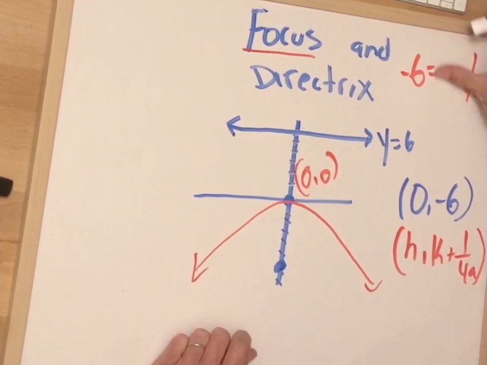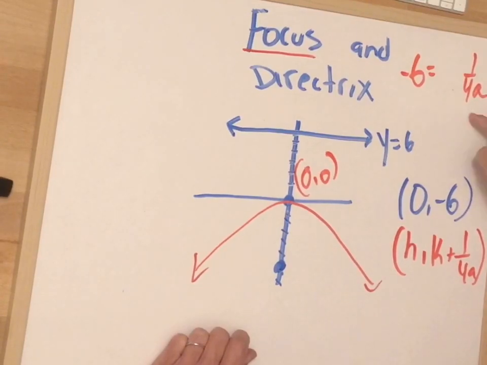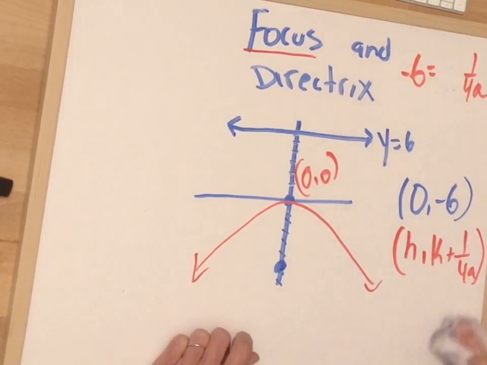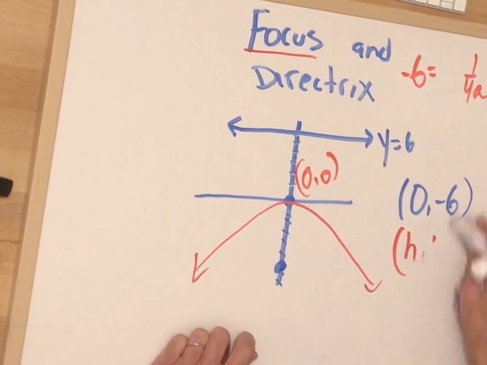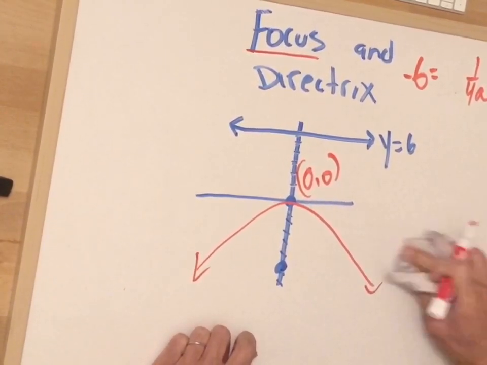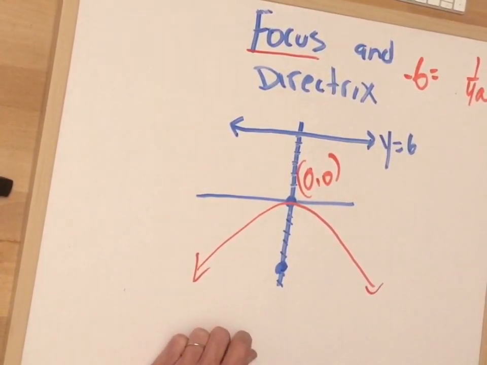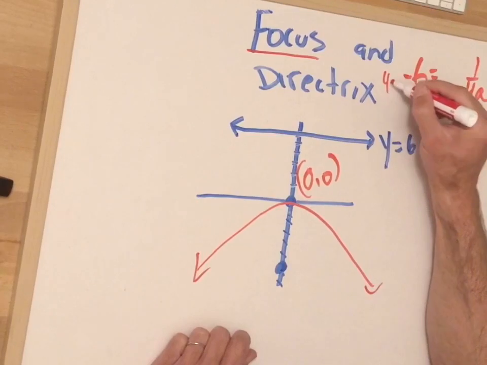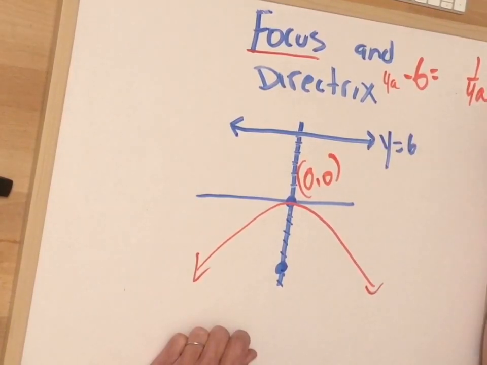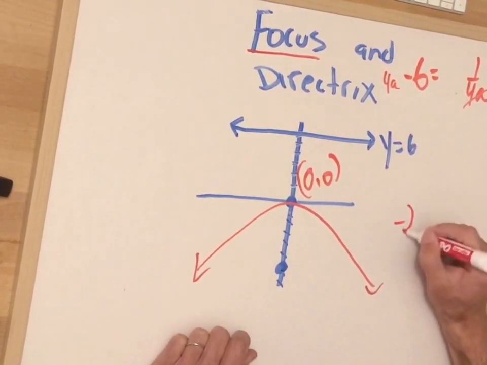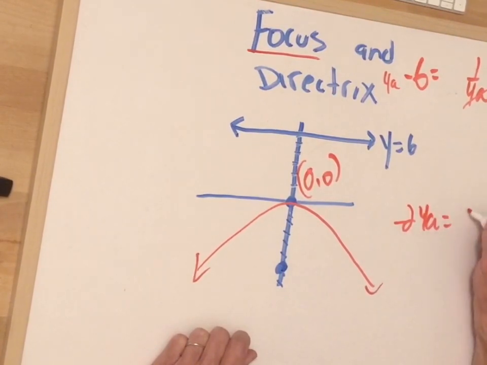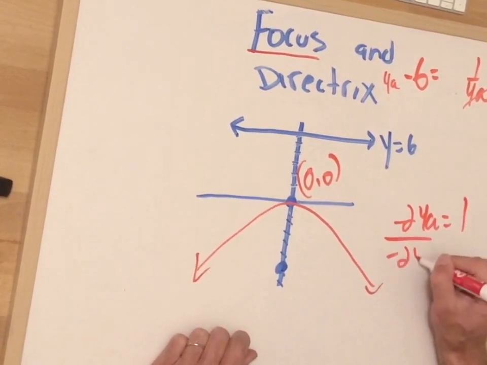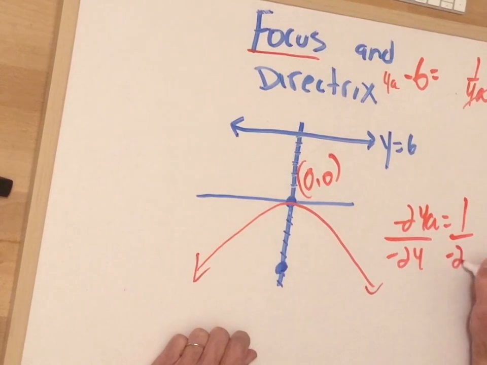And here's my equation. Watch. Let's get rid of the 4a in the denominator. You're going to see why I'm solving for my a in a second. I'm going to multiply both sides by 4a to get rid of this denominator. So I have negative 24a equals 1. Divide both sides by negative 24.